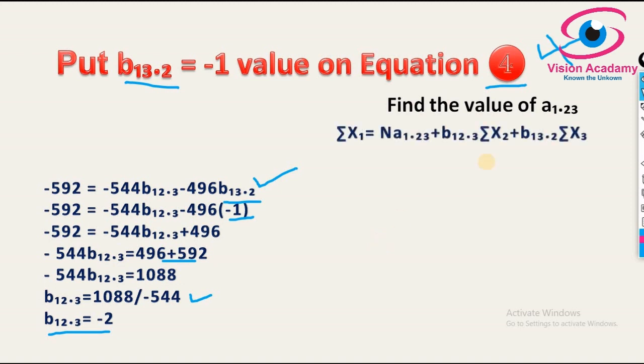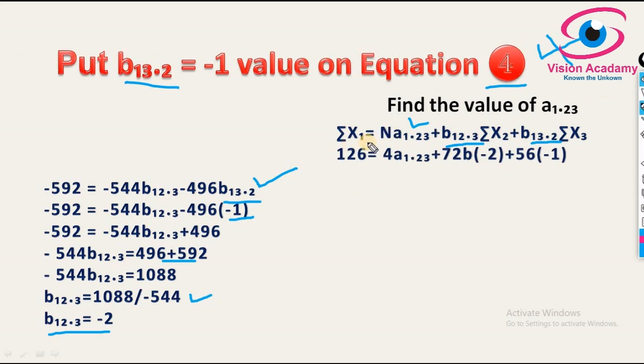Since we are having two values, that is B12.3 and B13.2, I will replace these two values and I will derive this A1.23 value. So let us replace all the values with the original values calculated from the problem.